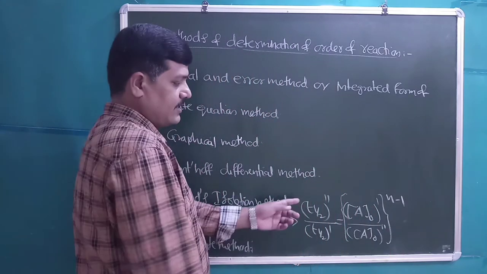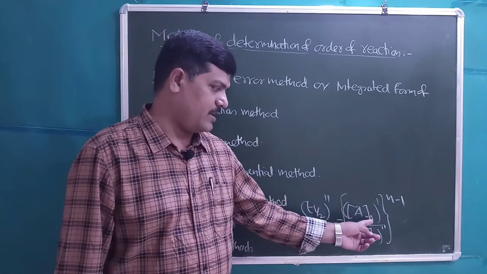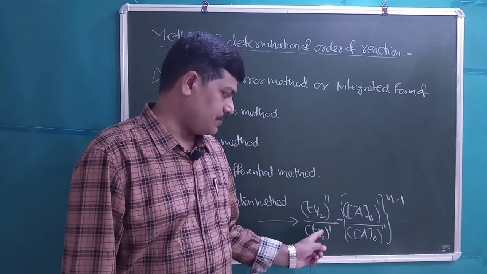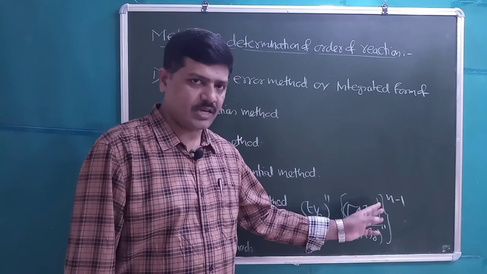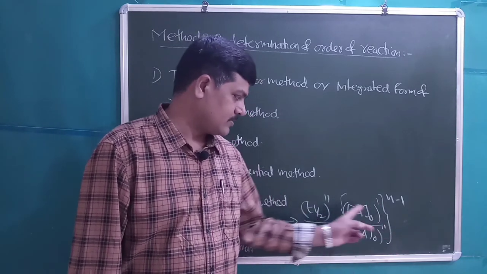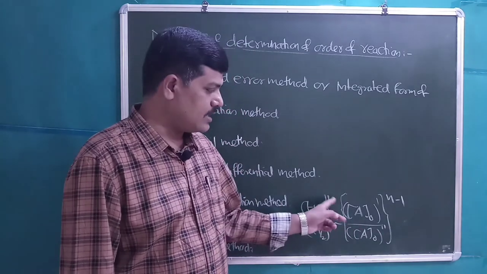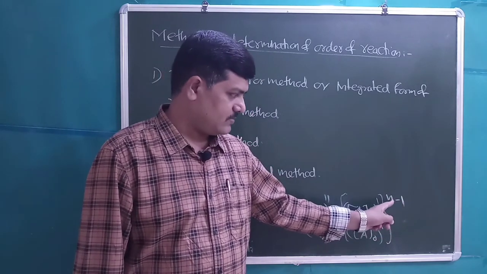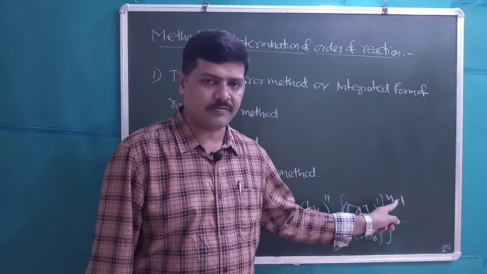That is, in one experiment the initial concentration is A naught at case 1, and the half-life is t-half dash. In case 2, the initial concentration is A naught double dash, and the half-life is t-half double dash. Using this formula we can calculate the order of the reaction, where n is the order of reaction.